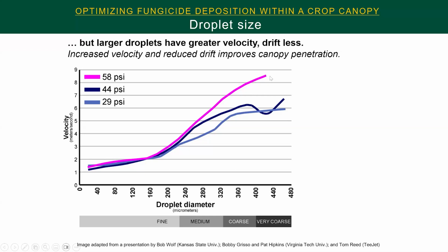Now, as we get finer droplets, going down into fine and medium, this velocity is not as high. And so thinking about this again from a very dense canopy, those droplets going in at a lower velocity are not going to be able to get in through those leaves and get to those flower tissues to protect the plant.